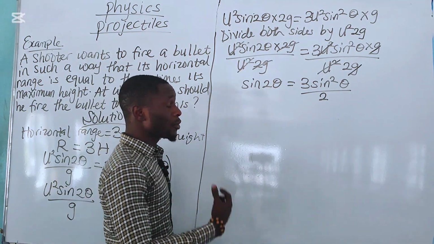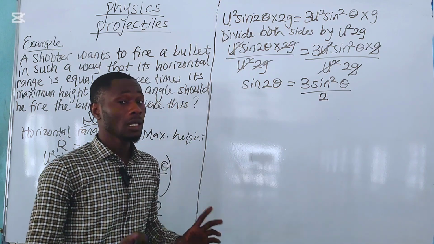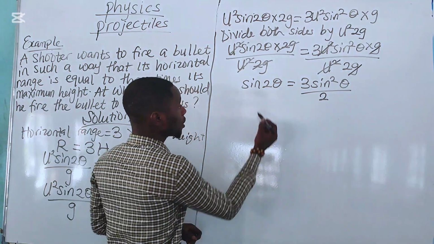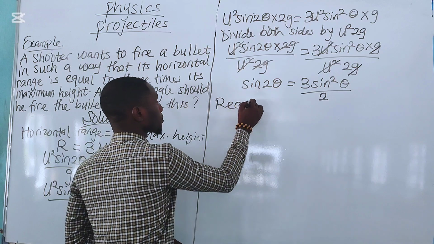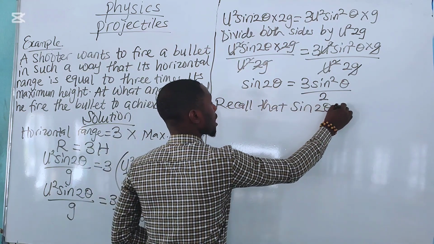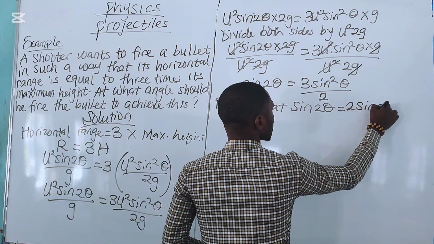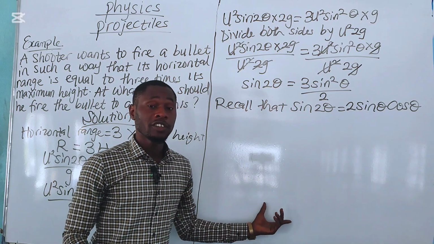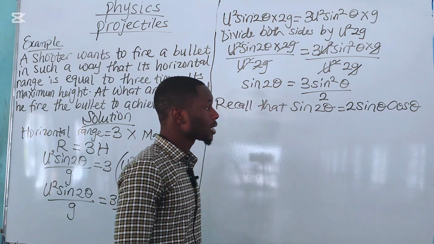When you recall vividly from the derivation of the range of a projectile, we made a substitution about this sine 2 theta. Recall that sine 2 theta is equal to 2 sine theta cos theta from trigonometric identities.